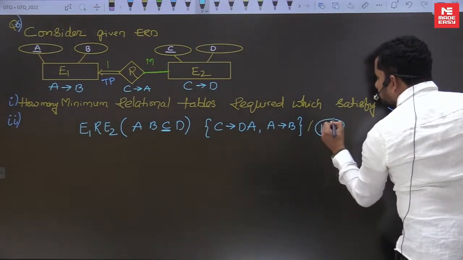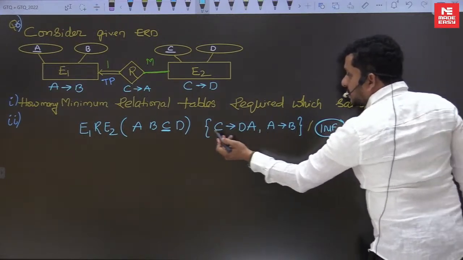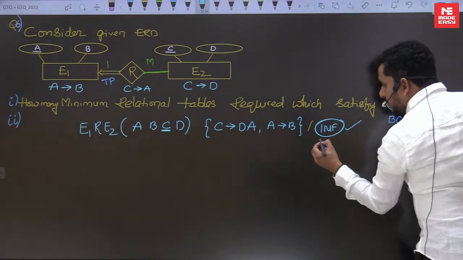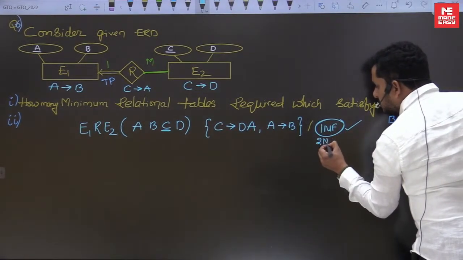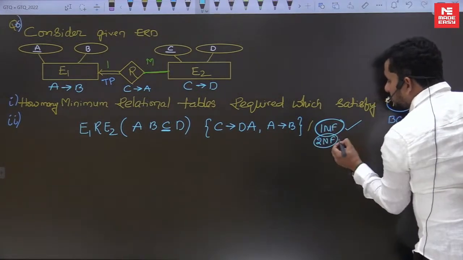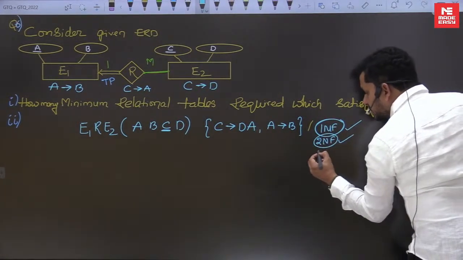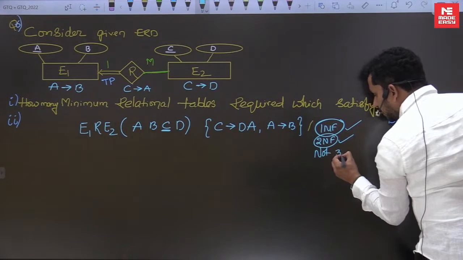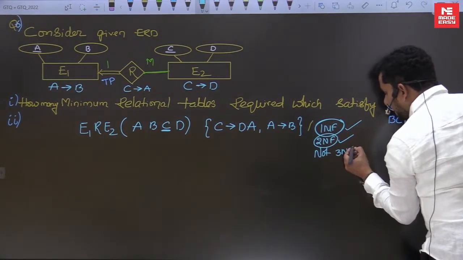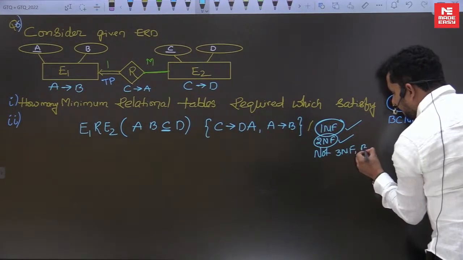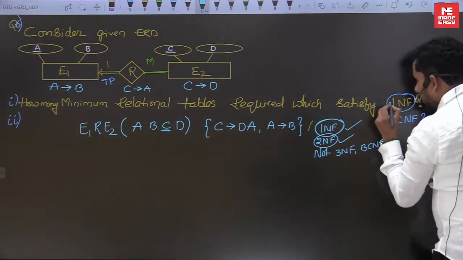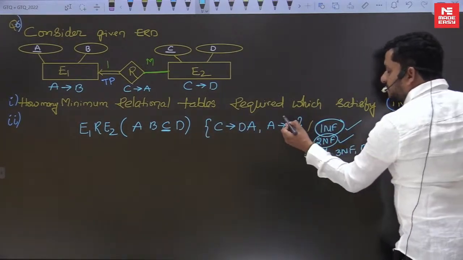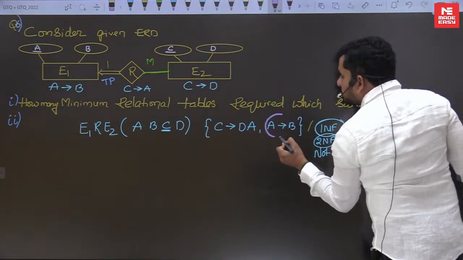It is okay for the first normal form, and it is also in second normal form because it is a simple key, so no partial dependencies occur. But this design is not 3NF and not BCNF. If it is not BCNF or 3NF, it means this FD forms the redundancy.